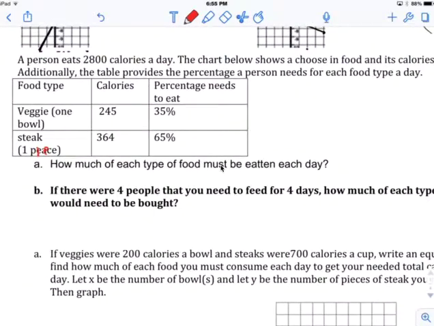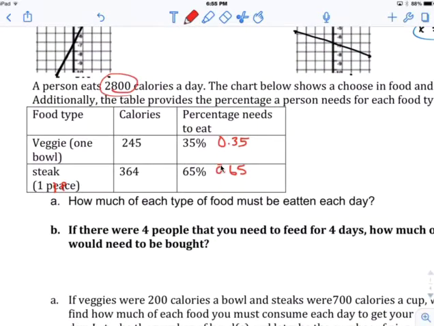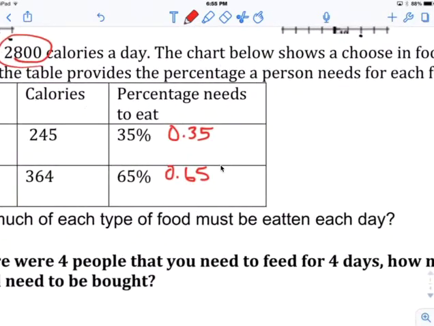It should be the other way around, right, you guys? Make this into decimal. You never work with percent, you work with decimals. Times that by their daily calories that they need to take.